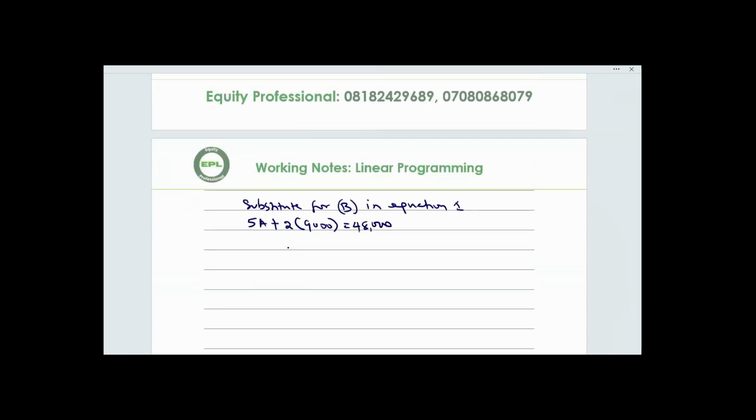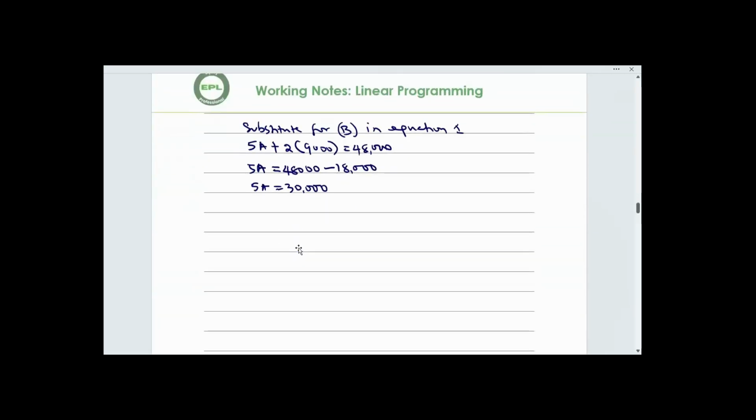All right. So 5A will be equal to 48,000 minus 18,000. Therefore, 5A will be equal to 30,000.